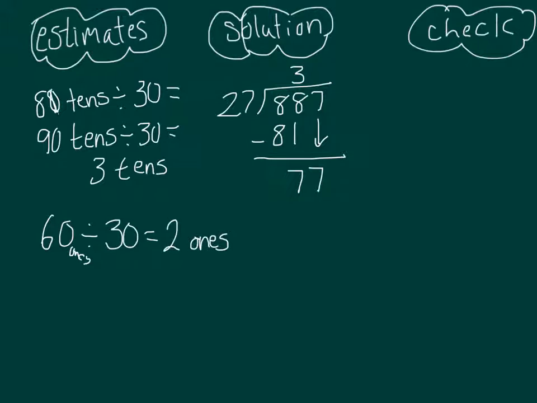So coming back to our solution, we're going to find the product of 2 times 27. That's correct. We've got 54. Do your subtraction. And we have our remainder. Would you please take 1 minute to write in your check of our quotient here?